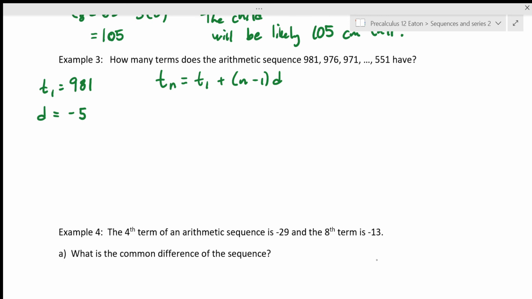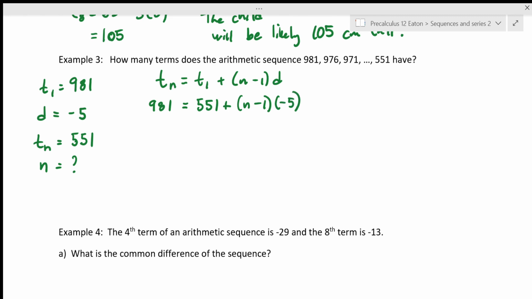So what we're going to do is label Tn equals 551, and n is going to remain a variable. That's what we're actually trying to find, how many terms there are. So I'm going to substitute these in. I get 981 equals 551 plus n minus 1, we can't plug that in because it's a variable, times d, and d is -5.